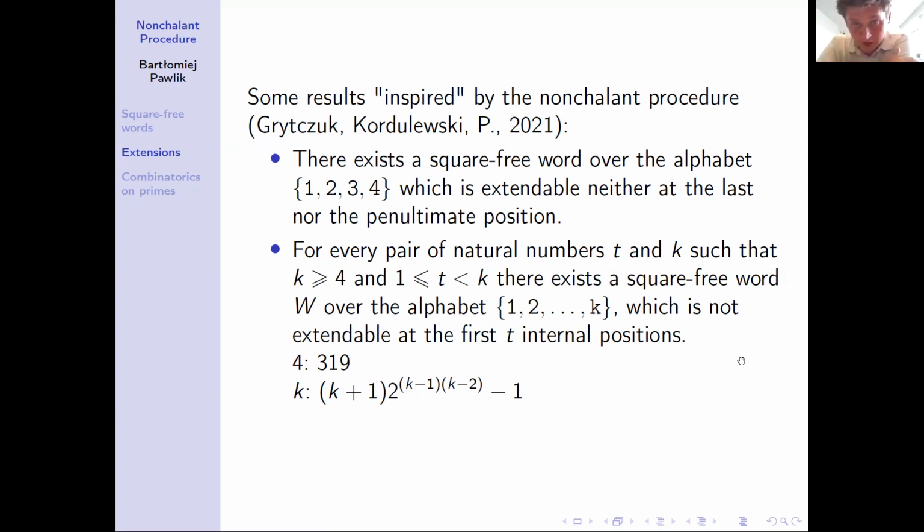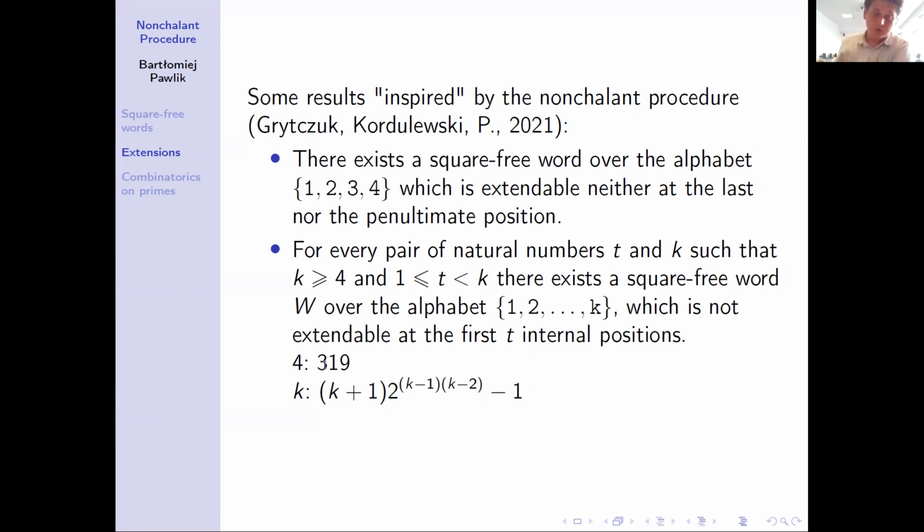So, in particular, over the alphabet with 4 elements, we can construct a word that has length 319 symbols, and it is not extendable at the internal first, second, or third position.